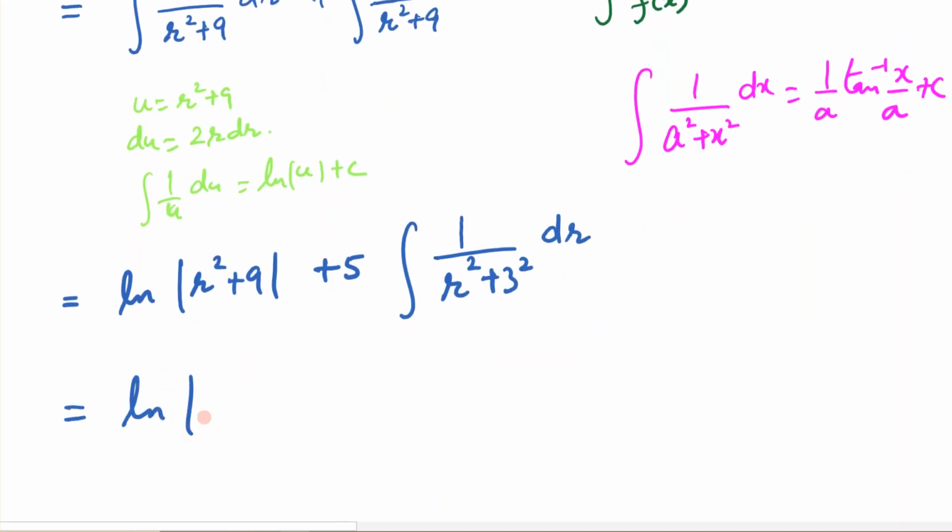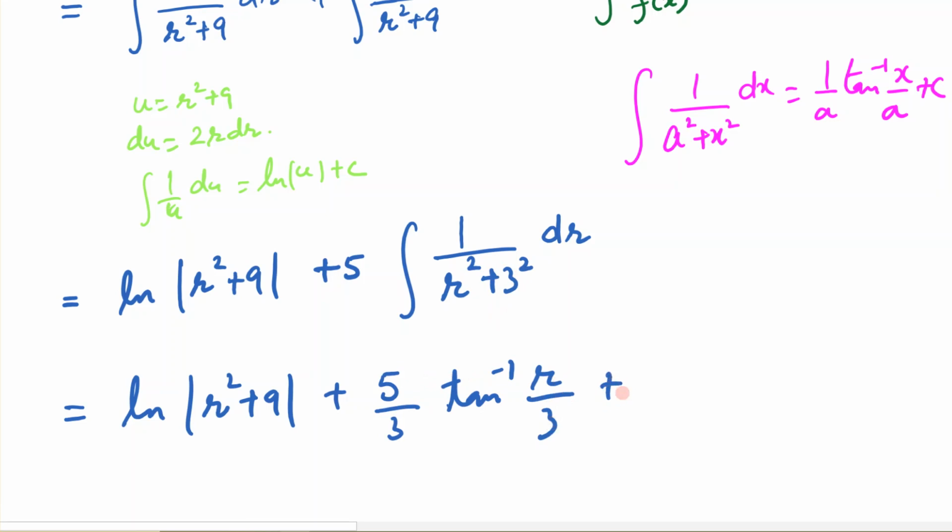So what we get here is ln of mod of r square plus 9 plus 5, and then 1 over 3, so it means 5 over 3 tangent inverse r over 3 plus c. So this would be our solution.